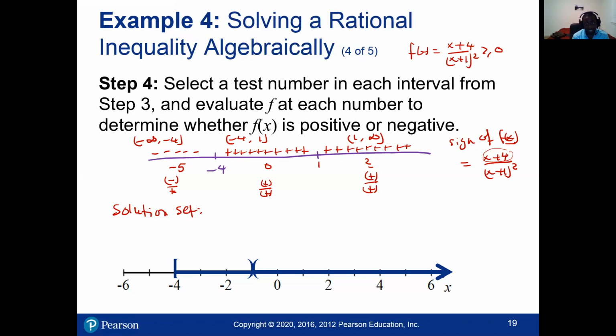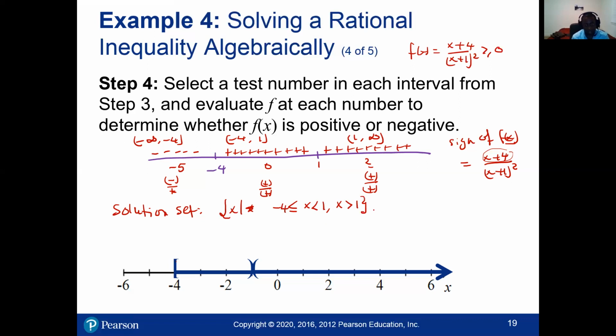But notice that x equal to -1 is a vertical asymptote, so it cannot be included, as it makes the function undefined. So we have brackets on the -4. The solution set will be x such that x is greater than or equal to -4, less than 1, and x greater than 1.